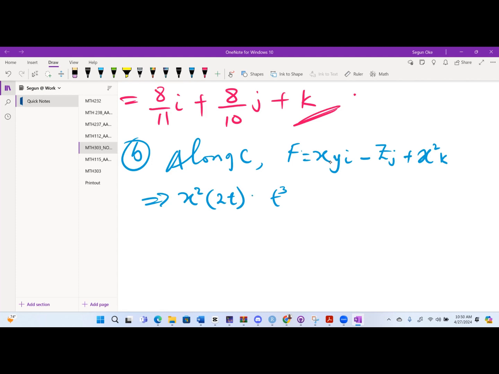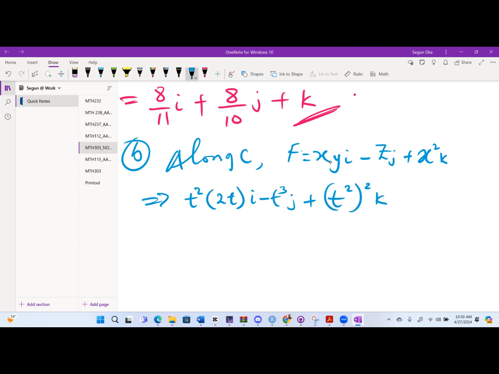This one will be i minus T cubed j plus our X squared, which is T squared. Yes, you've corrected it. That's why I wanted to draw your attention. So this one will be T squared raised to power 2.